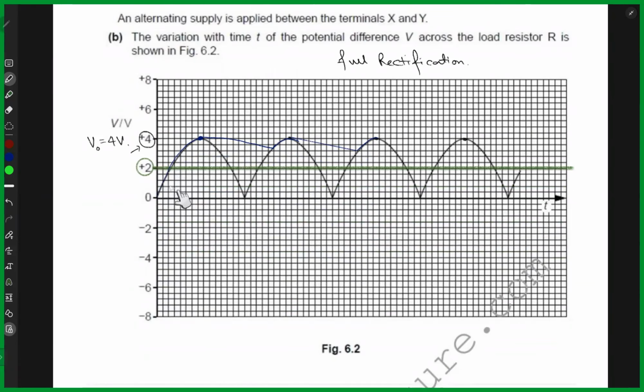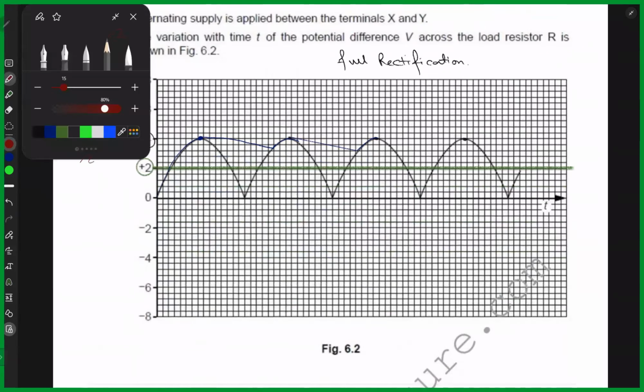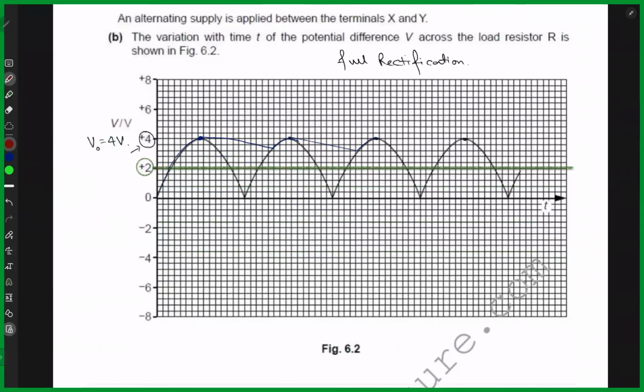Now, how would that be? Let me use another color. Let's use red. Let's increase the size. So how would the half-wave rectification be? It will start from here, go until this point, and then it will be 0.